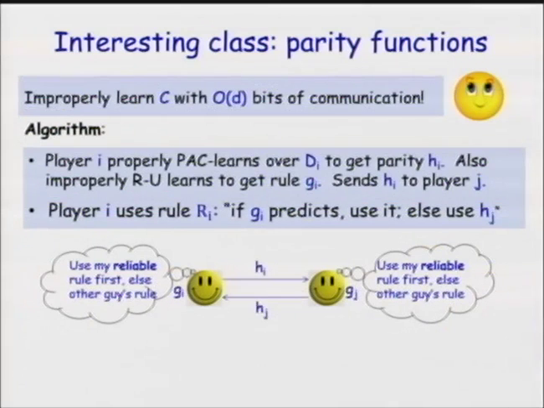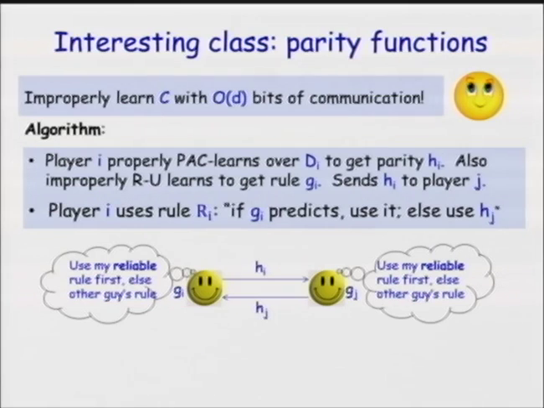Using this fact, the distributed boosting procedure is as follows. Each player i PAC learns properly over its own distribution to get a parity function h_i. It also learns in the reliable useful model to get a rule g_i, and then it sends the parity function h_i that it learned in a proper way to the other player.